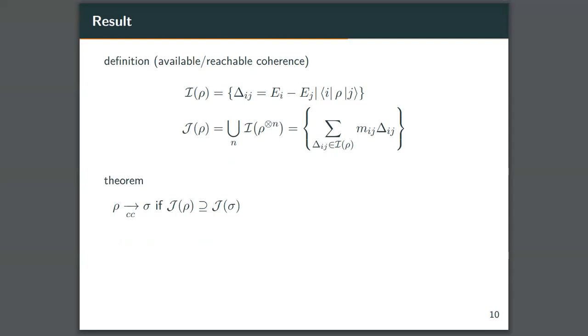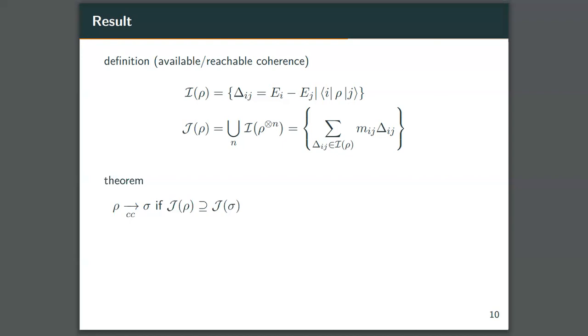If you consider correlated catalytic transformations in asymmetry, there is a transformation from rho to sigma if the reachable coherence of sigma is included in the reachable coherence of rho.